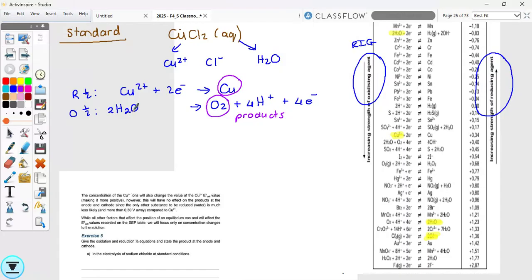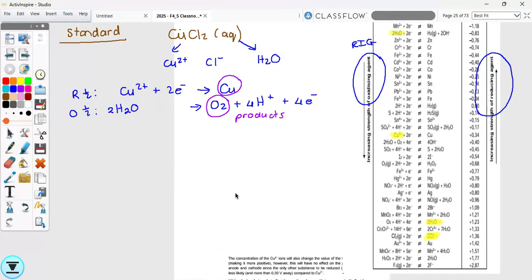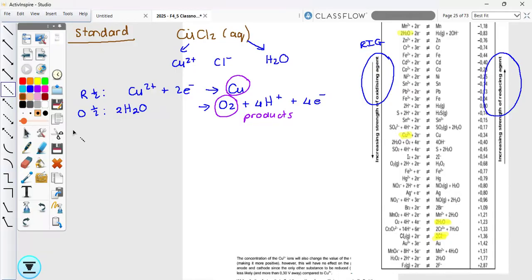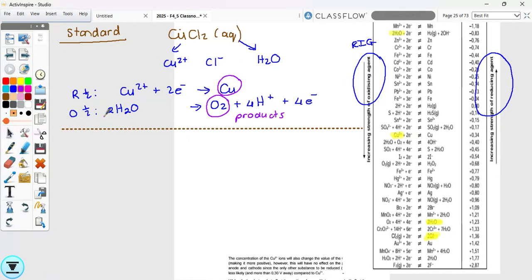But now if it's not standard conditions, this is where you need to be very careful, and it really only works for chlorine, because the other standard potentials are too far apart for it to work. What you will see is that if they are very close in value, there is a cutoff.